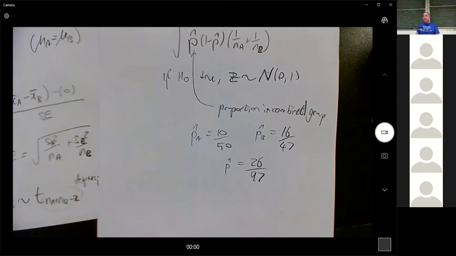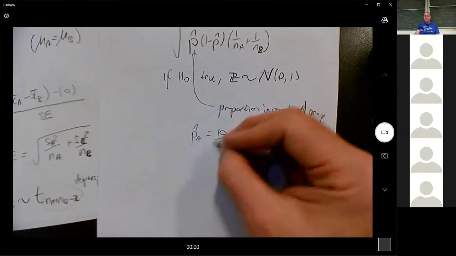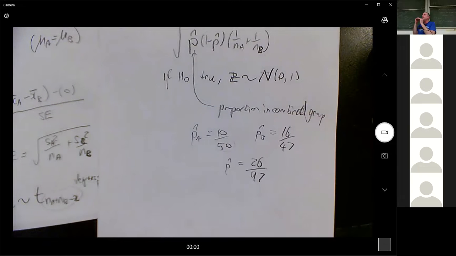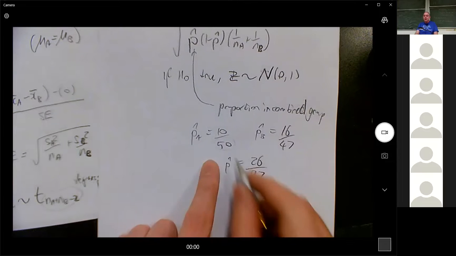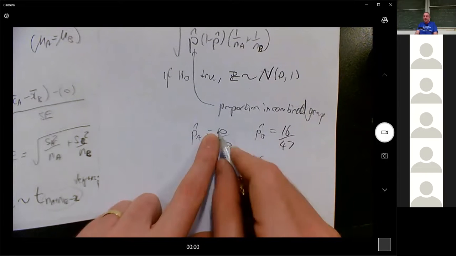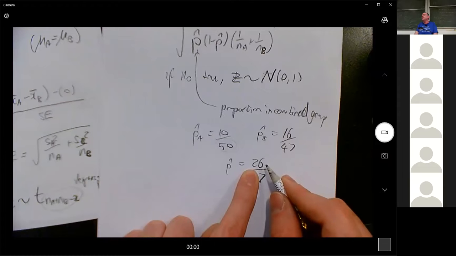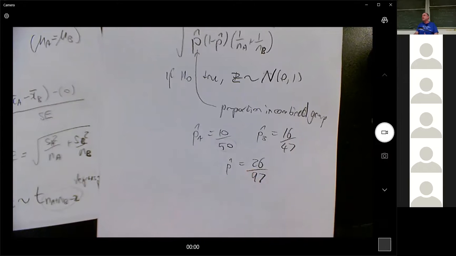I'm being very careful here. This is the actual sample size. Don't simplify your fractions down, because the big group is 97 individuals, and there's 26 of them that had the event. That's the idea. So this is not how you add fractions, but it is how you combine percentages.